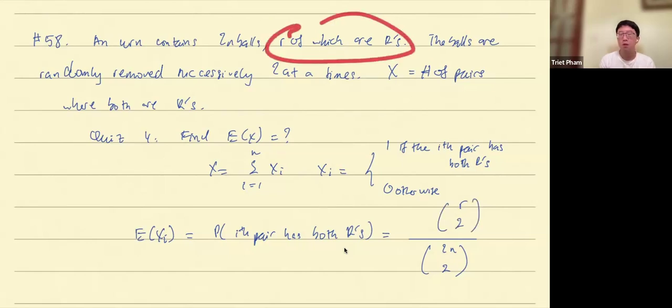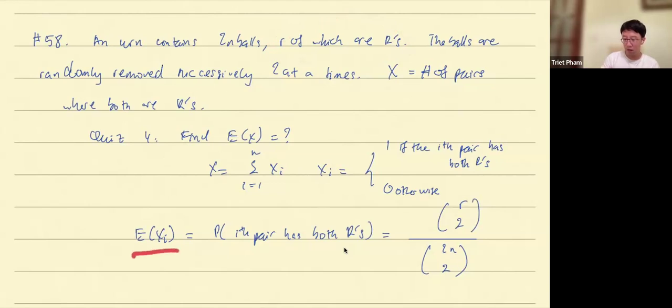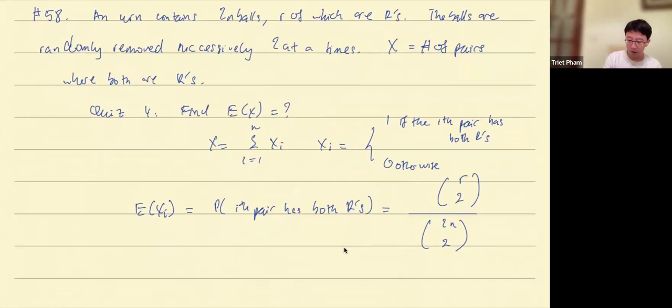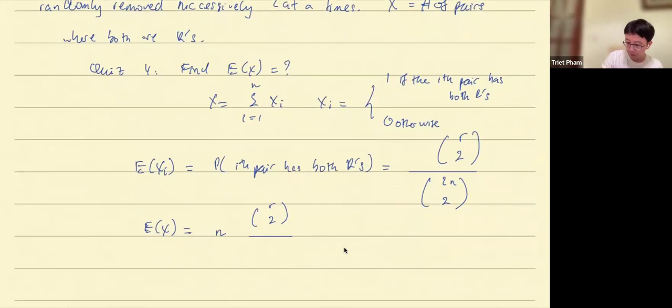R of them are reds. So that's the probability. And so expectation of X, being the sum, by linearity, is going to be n times that number. Any question?